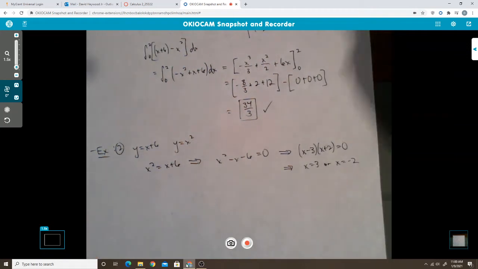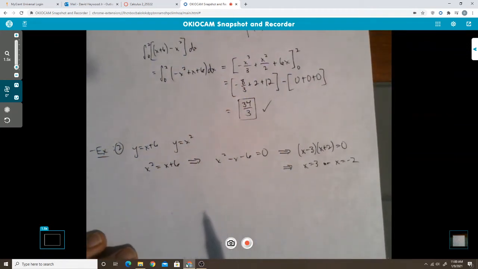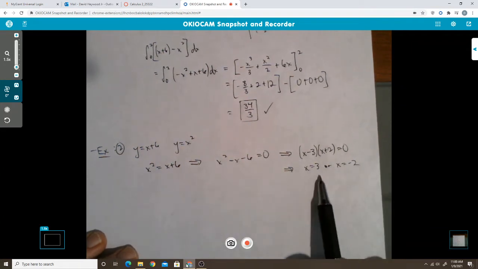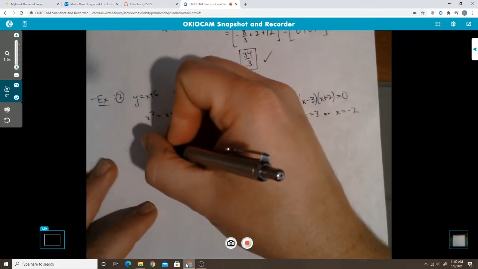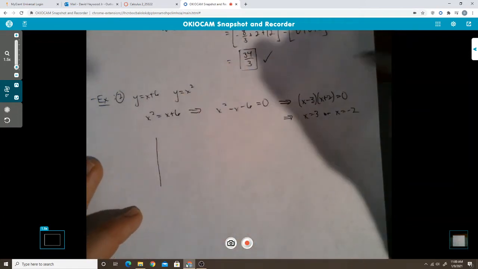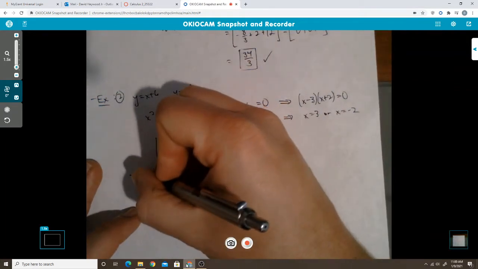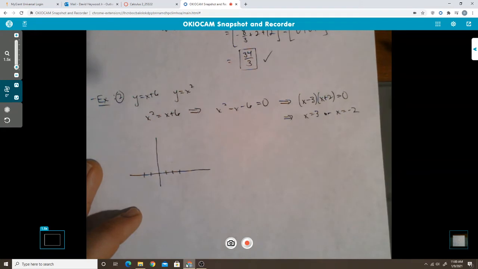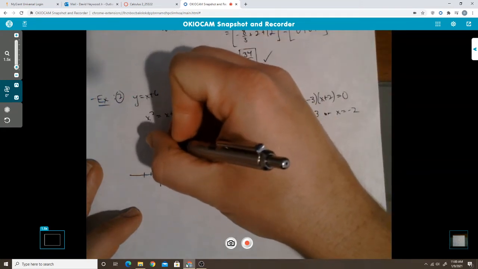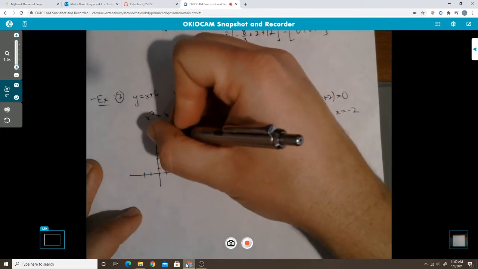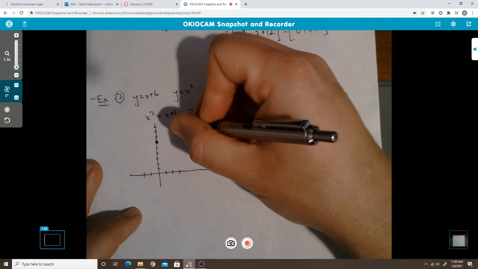You actually probably don't even need to draw a picture at this point because you know that this is where the functions are going to intersect. I'm just going to draw one anyway, for the sake of completeness, I suppose. So at negative 2 and at 3, the things intersect. 1, 2, 3, 4, 5, 6. And then you're going to go up 3 over 3.